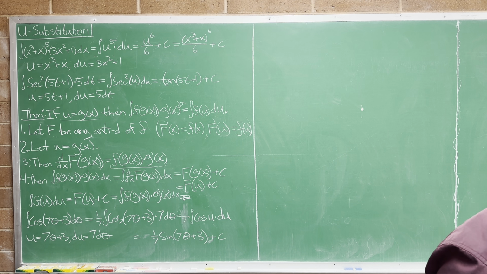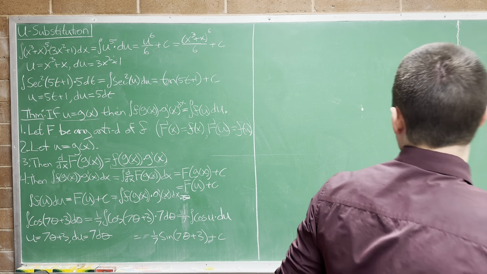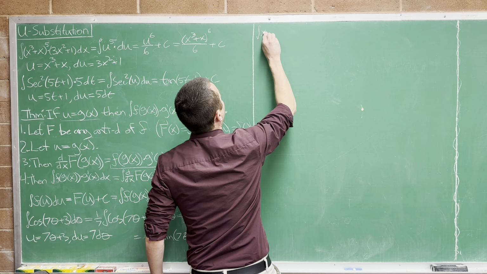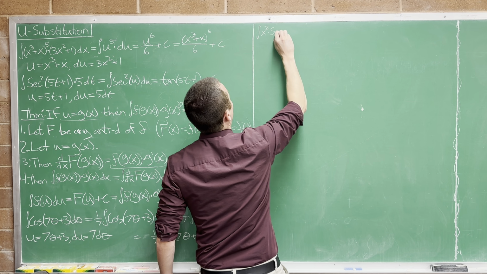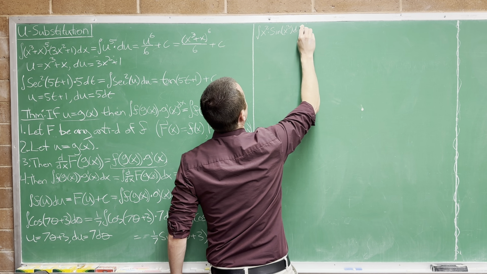We just did example 4, example 5: x² times sine of x cubed. So this time we're looking at the integral of x² times the sine of x cubed dx.